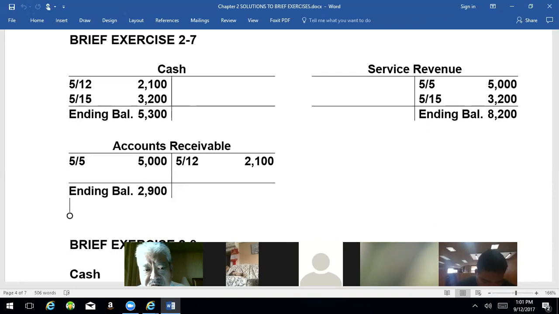Accounts receivable is also an asset, and when we total it up, there's a plus and a minus, and then we see that the ending balance is $2,900, on the left-hand side of the T account because that's where the normal balance of an asset will reside.